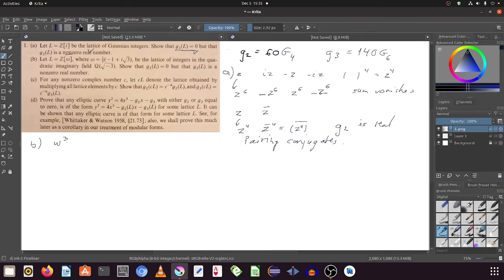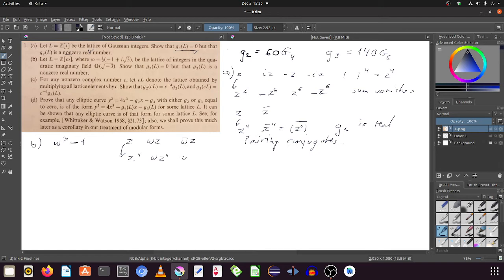We have omega to the third is unity. And that means that when we look at z, omega z, and omega squared z, and then put them to the, now what, it's G2 vanishes, so put them to the 4th power. Then this becomes omega z to the 4th.